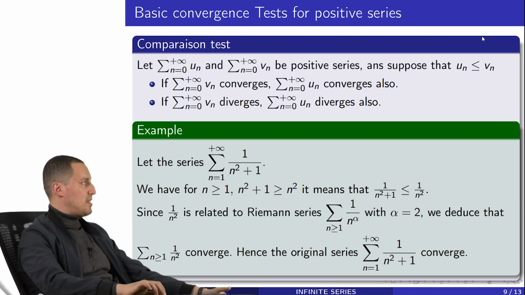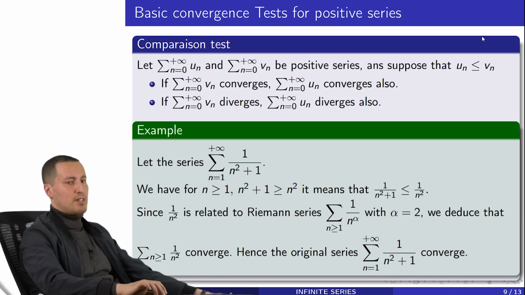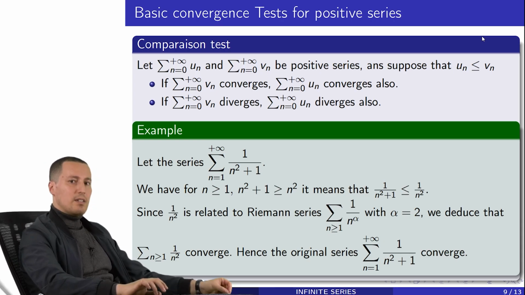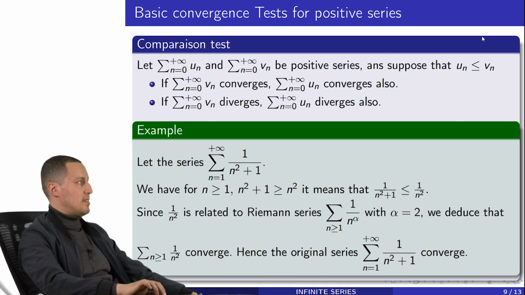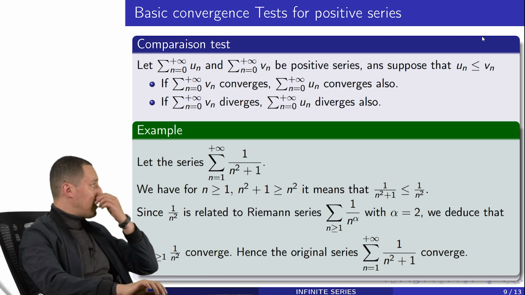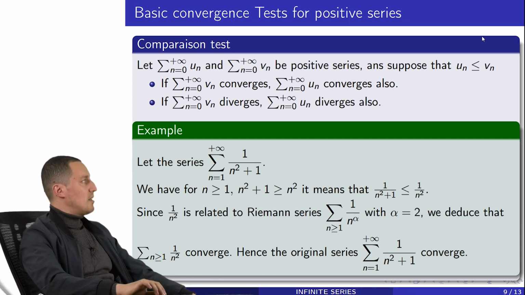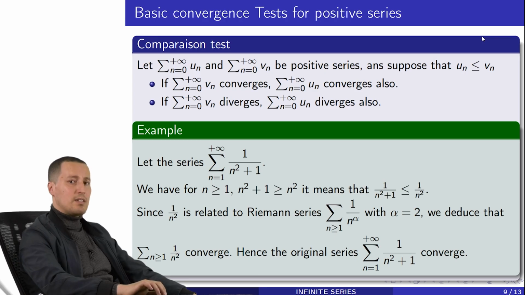The positive series means that every term of the series is positive, respecting some condition. We can study the convergence of the series. We will begin with the comparison test. We will study some series greater than the original series.